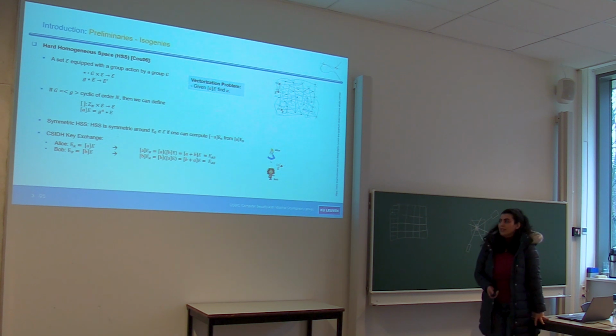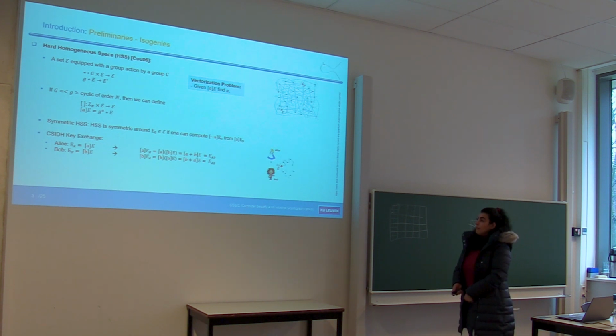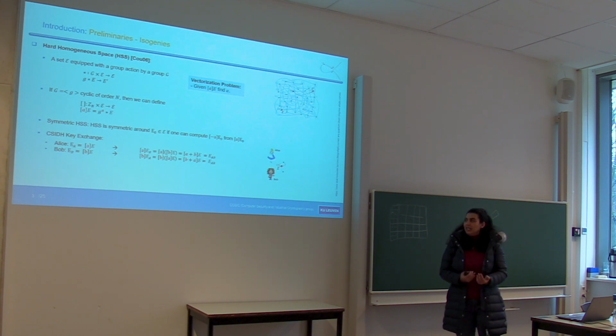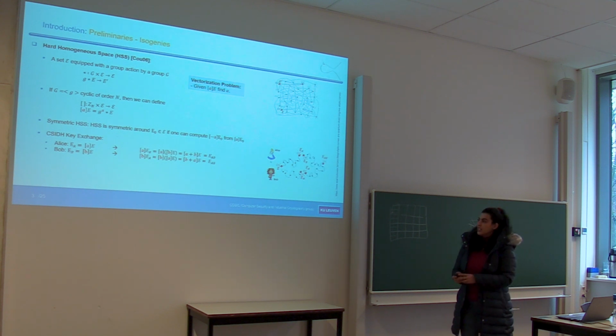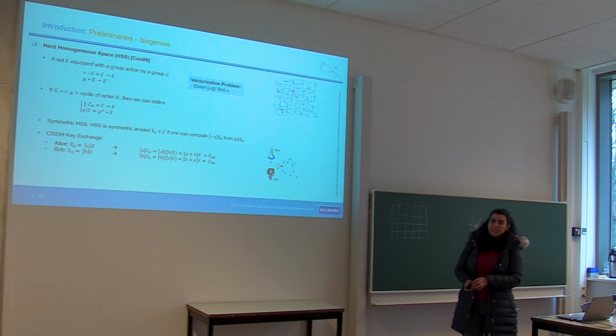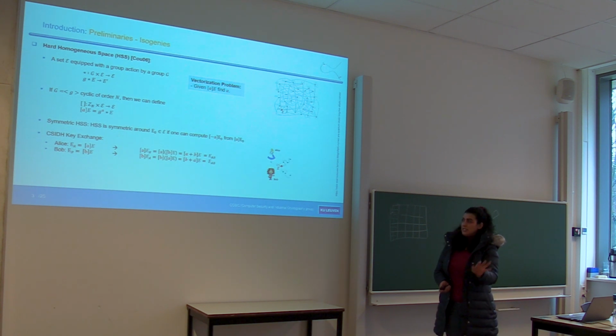One is that we are in the CSIDH setting. CSIDH is a key exchange, analogous to Diffie-Hellman. In this case, Alice and Bob want to exchange a key. Alice has her secret a, and she applies her secret on curve E and gets E_A, and Bob does the same with his secret.